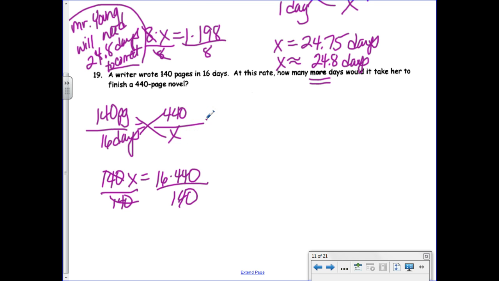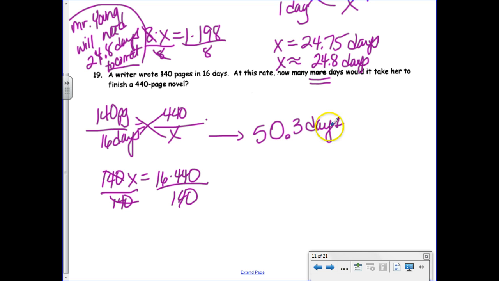As I grab my calculator to do that one, I get 16 times 440 divided by 140. I get x is going to be 50 point 0.2857, like that. So I'm thinking around 50.3 days.